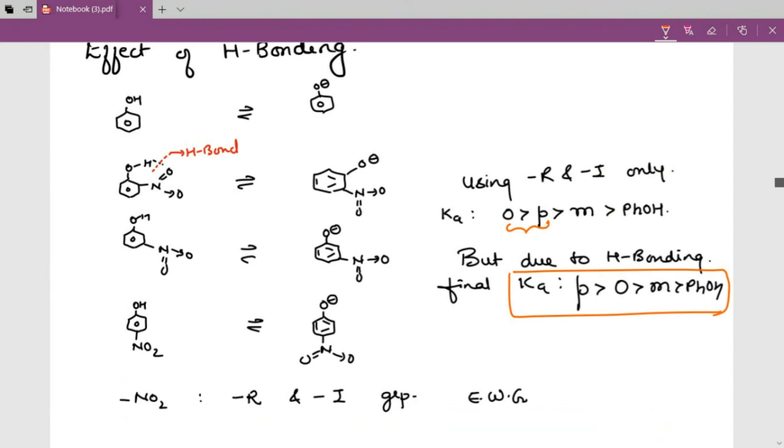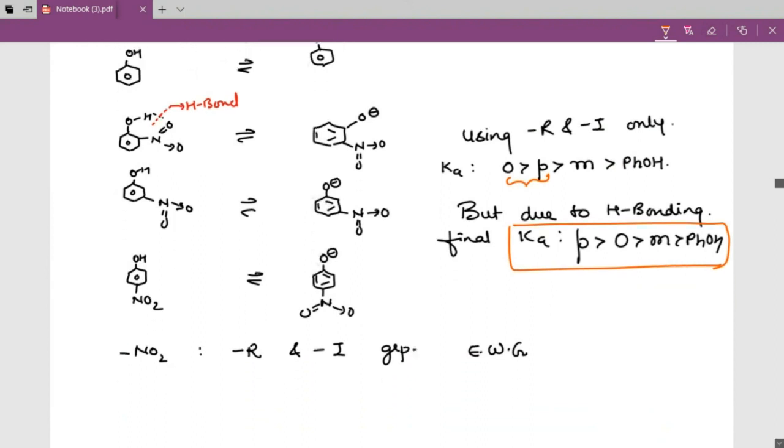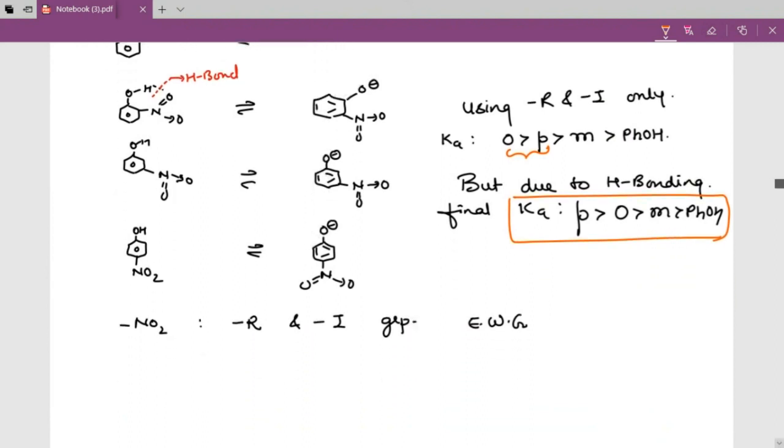And that is why, despite this intramolecular H bonding, my ortho will not become a weaker acid than even my meta substituted. Okay, so how to handle H bonding in phenols?